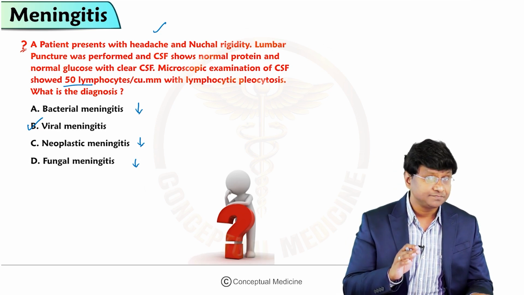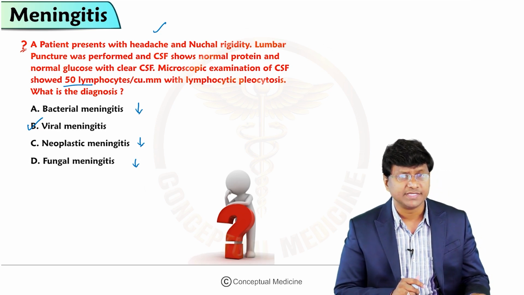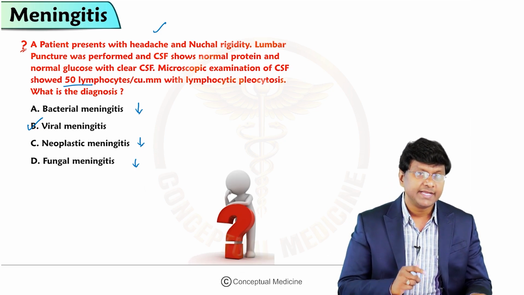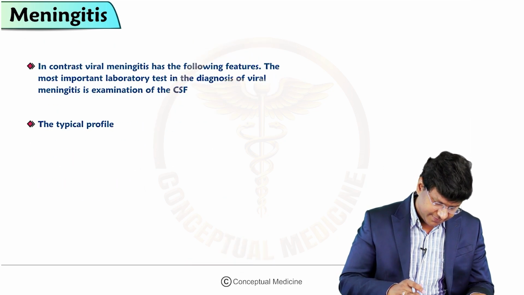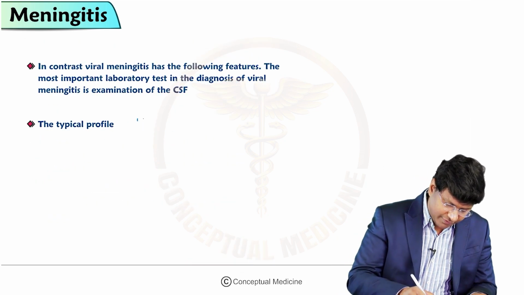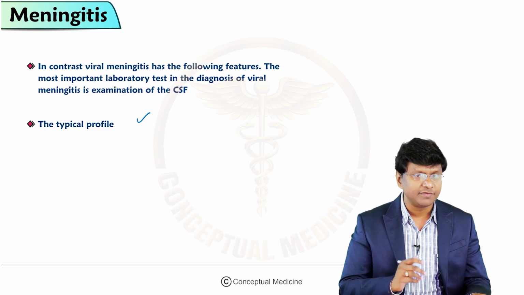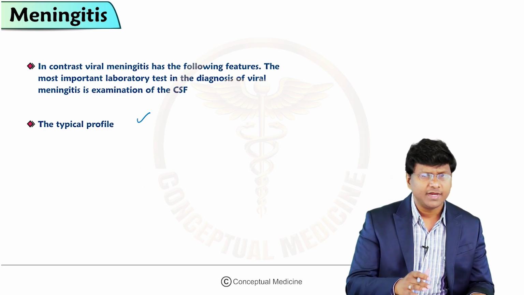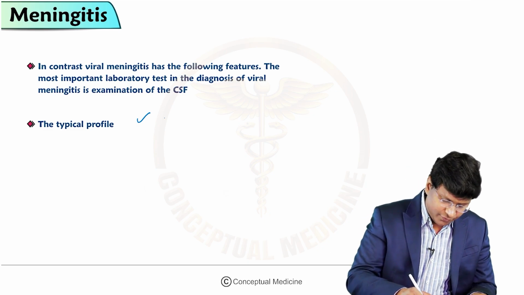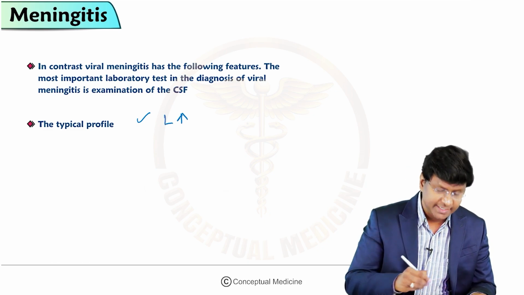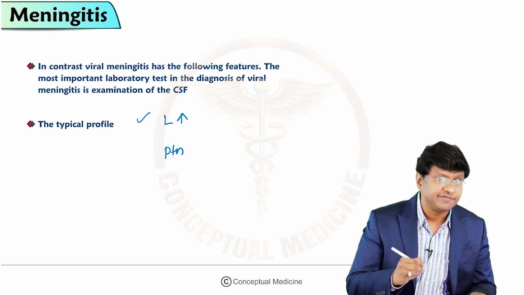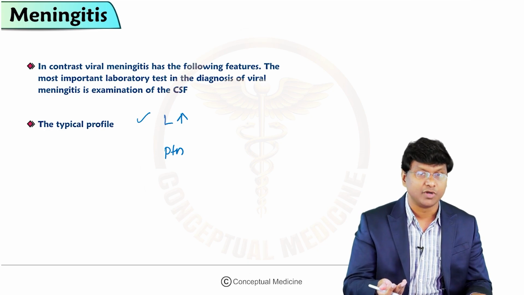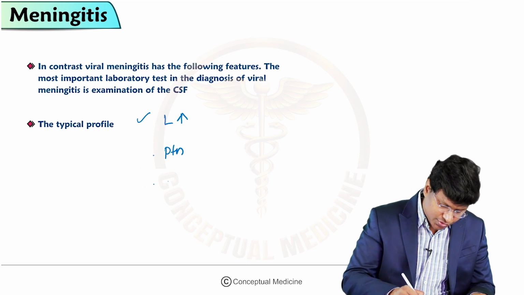Next, let me discuss viral meningitis. What will be the typical CSF profile in viral meningitis? Lymphocytic predominance will be there. The CSF protein will be normal or maybe increased.